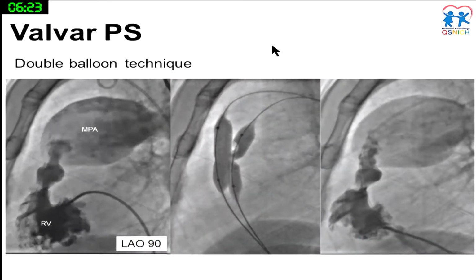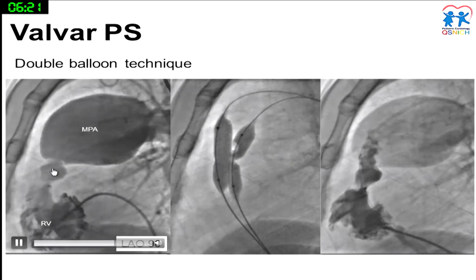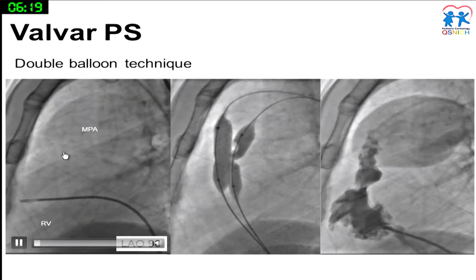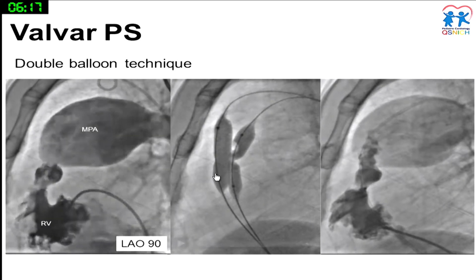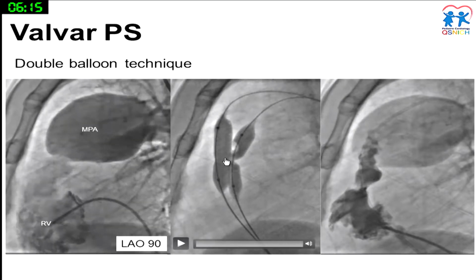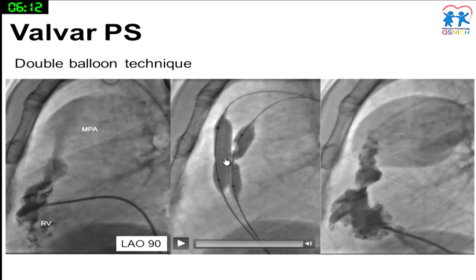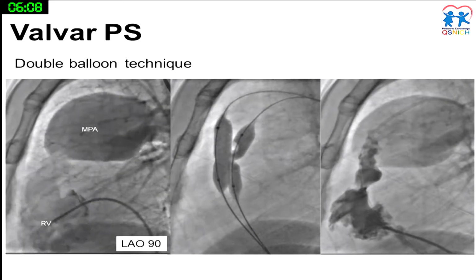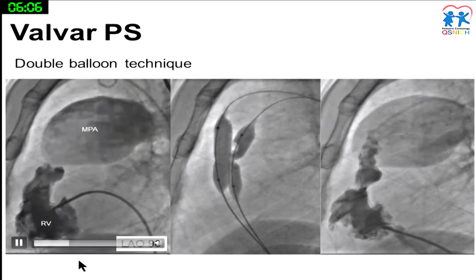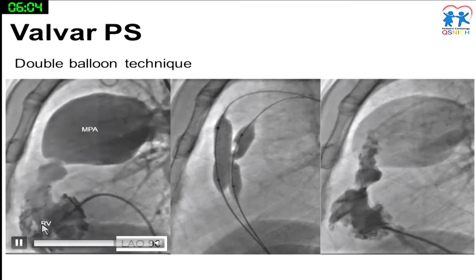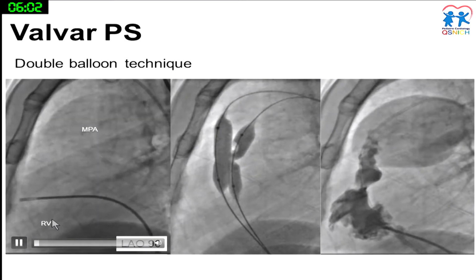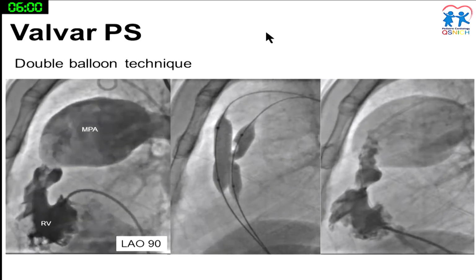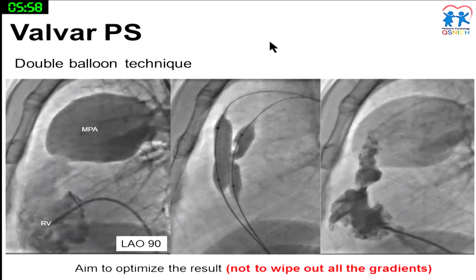But sometimes when you're dealing with this large valve annulus and also a very severe obstruction like this, you may think about using a double balloon. Why? Because with a double balloon you will not completely occlude the flow. And with a very hypertrophied and very dysfunctional right ventricle, this may allow you to have a good result.